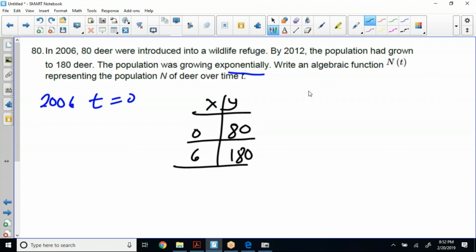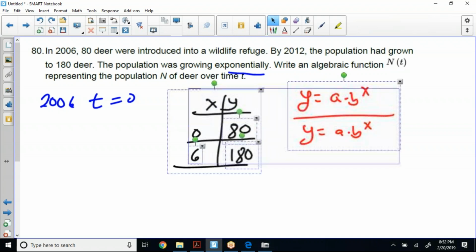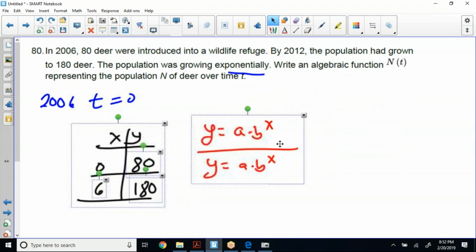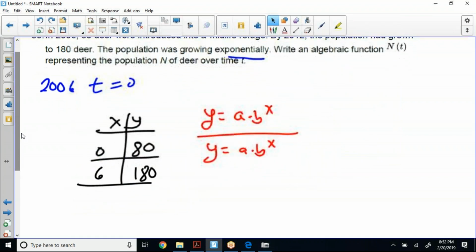Okay? So what we're going to do is this. We're going to say y equals a times b to the x, divided by y equals a times b to the x. And the reason we're going to do that is this. We're going to put the bigger one up top, so the output's 180. That's the multiplication.